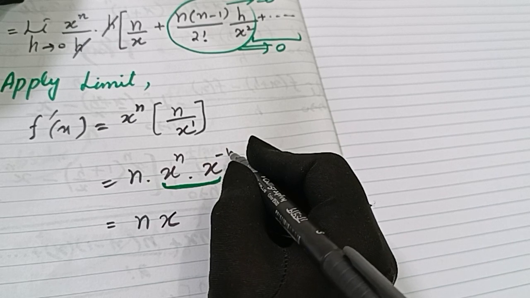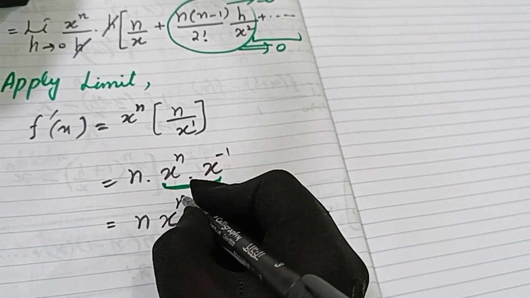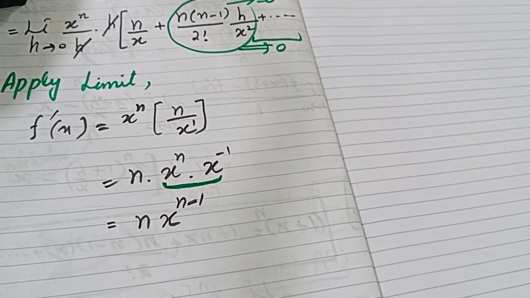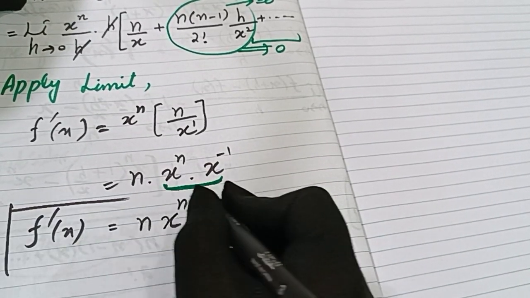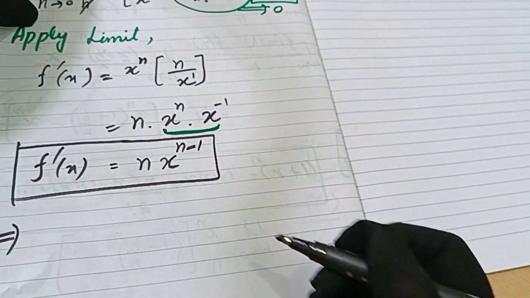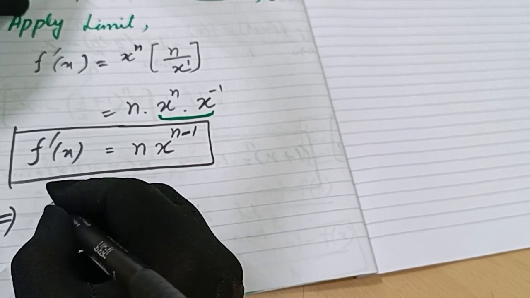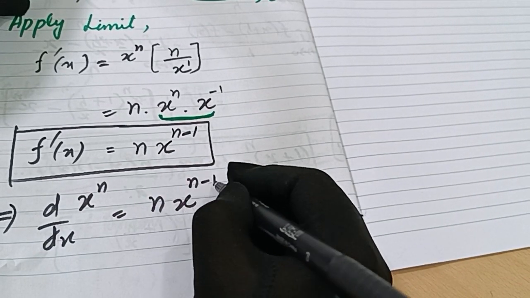So n plus the other term, minus 1, will be combined as n minus 1. So f bar of x is clear: the derivative of x^n will be equal to n x^(n minus 1).